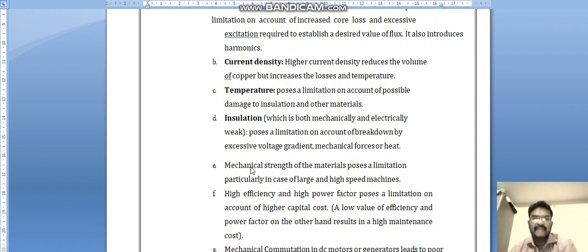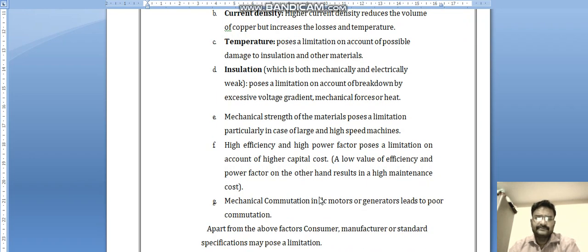When you go for a high-efficiency machine, the maintenance cost will be reduced. If you go for a low-efficiency machine, the maintenance cost will be very high. To avoid that, we should go for a moderate machine that gives good efficiency and at the same time needs less maintenance.